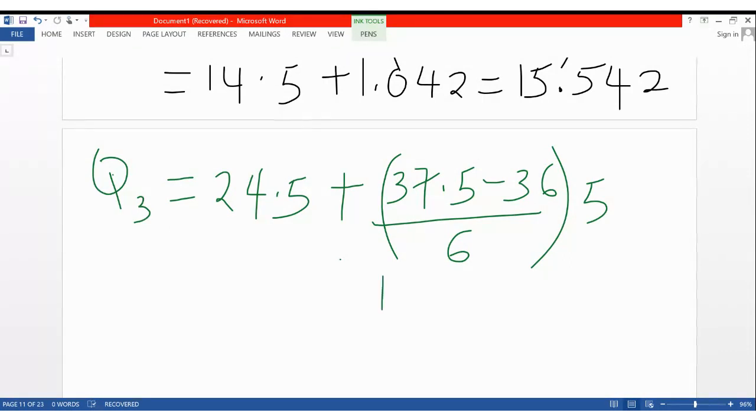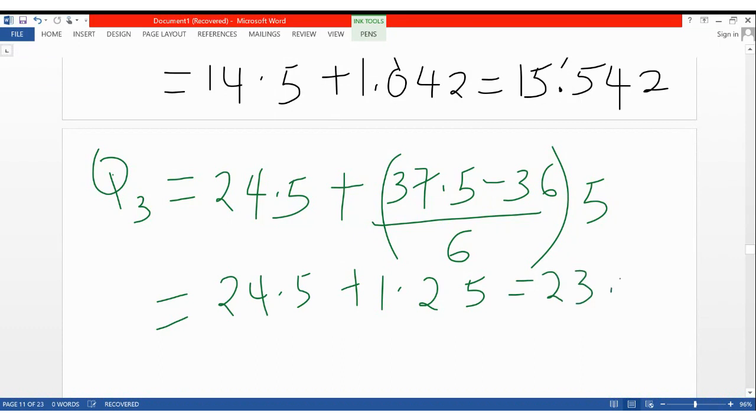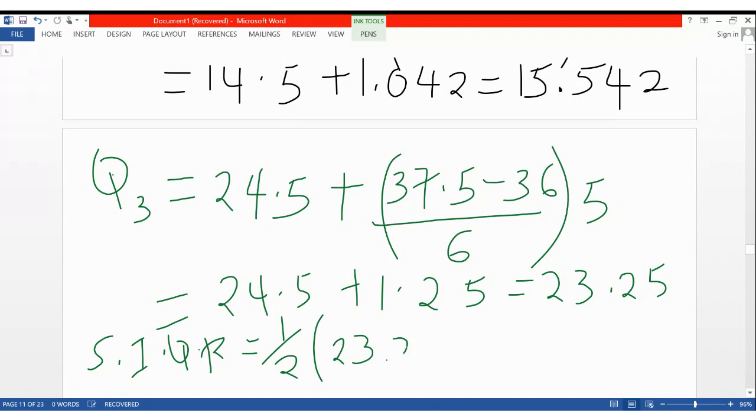Now let's complete. So the semi-interquartile range will be given by a half of Q3 minus Q1, which is 15.542. I divided them by 2. I'm getting 3.854.